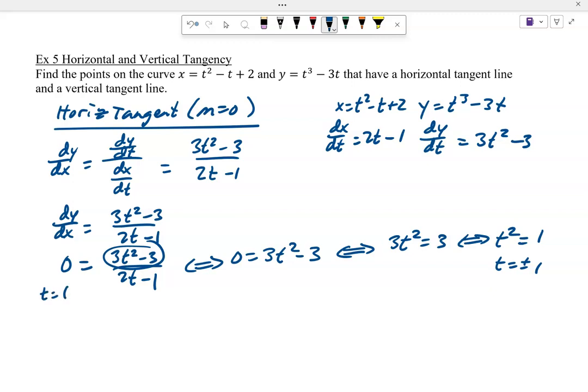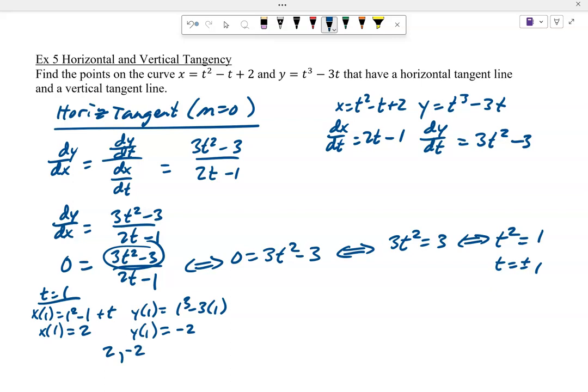So if t is 1, let me find the x and y values there. x of 1 is 1 squared minus 1 plus 2, so x of 1 would be 2. y of 1 would be 1 cubed minus 3 times 1, so we got negative 2. So I have 2, negative 2 as one of my horizontal tangents. That's where I would have a slope of 0.